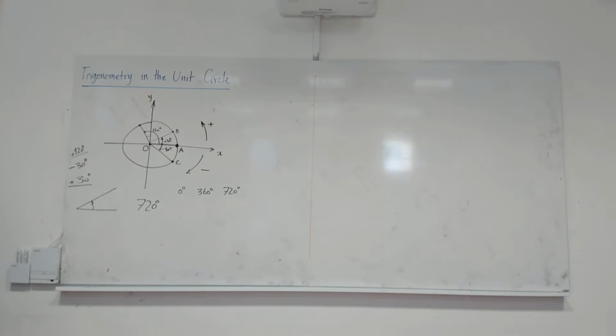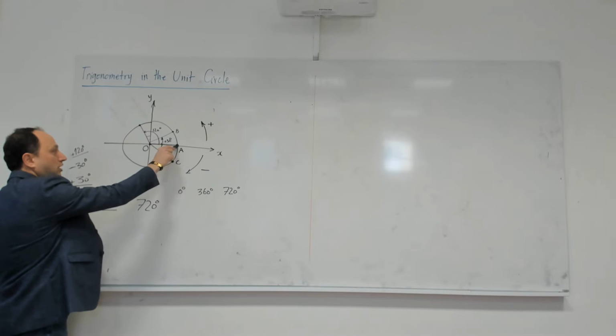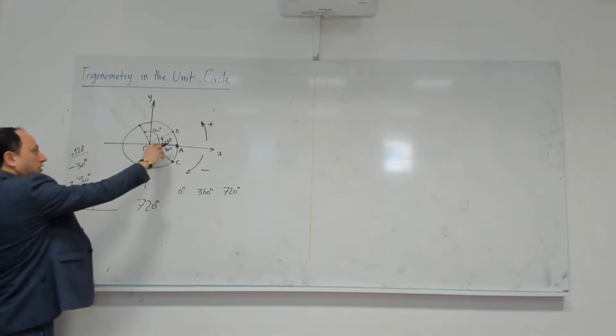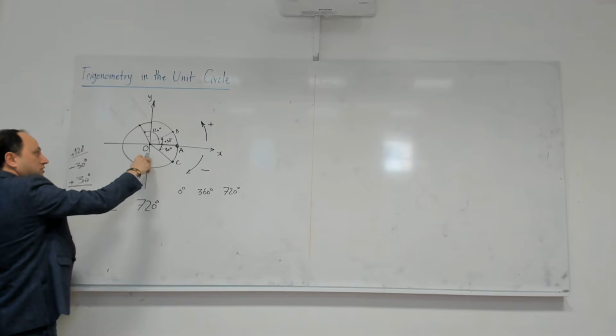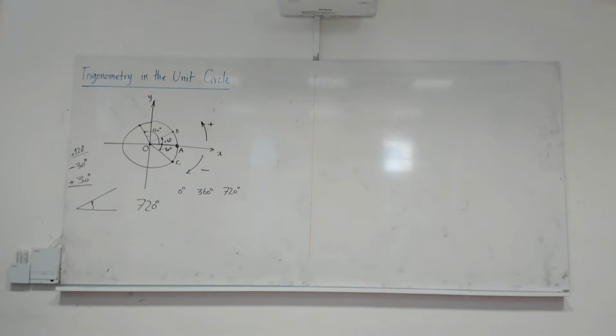Can you tell me a negative angle whose final point is A? Minus 360 degrees. I start from here and rotate 360 degrees in the negative direction, and I will end up again at the same point. This is very important, by the way. If you understand this concept, then most of it is done.